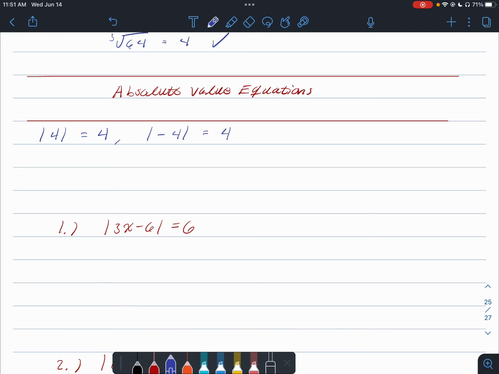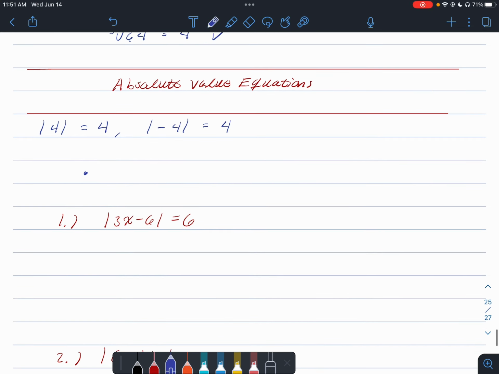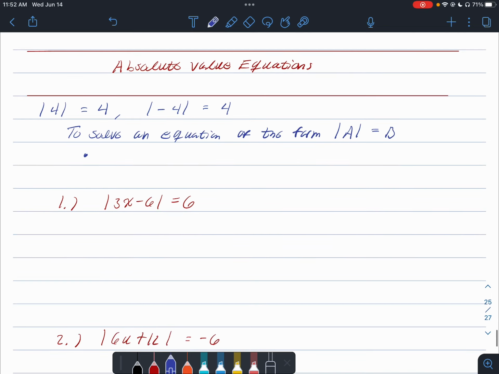So we have a couple of rules we have to remember. To solve an equation of the form the absolute value of a equals b, we have two rules to remember.